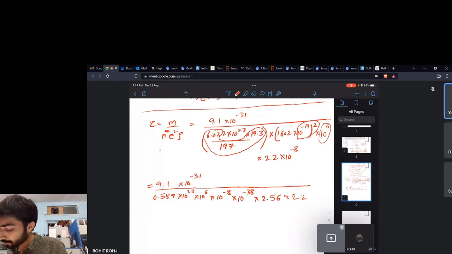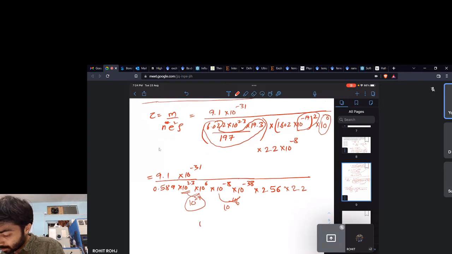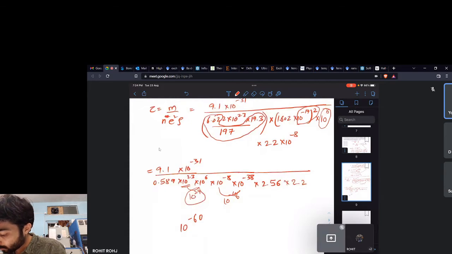So 10 to the power 23 and 10 to the power 6 would be 10 to the power 29. This would count to be 10 to the power minus 46, and this 10 to the power minus 29 would add up with 10 to the power minus 31 to be 10 to the minus 60 in the numerator, and 10 to the minus 46 would go in the denominator, becoming 10 to the power plus 46, which I am removing to write 10 to the power minus 14 in the numerator.